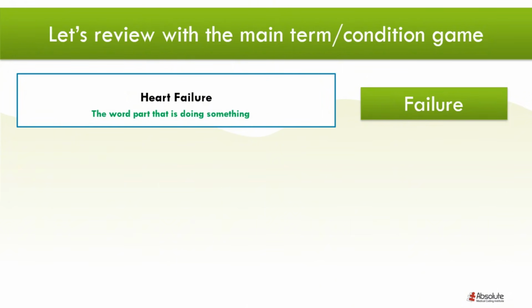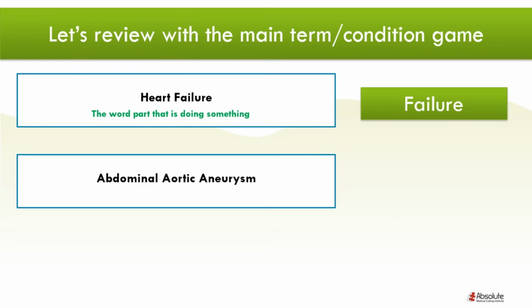All right, so I walked you through that. Oh, we went a little too fast. Okay. All right, so the next slide will do it. Abdominal aortic aneurysm. The main term is aneurysm. Tell me, why is aneurysm, of the 3 terms, the main term?